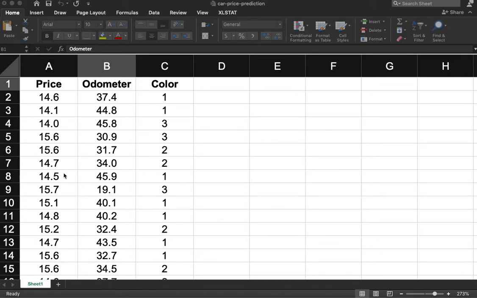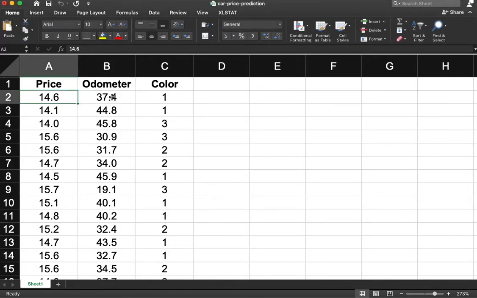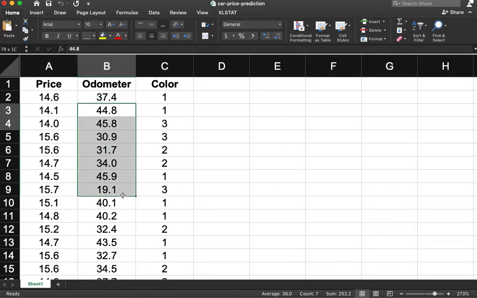What we have here is a data set of car prices in thousands of dollars. So this is $14,600 and the odometer reading in thousands of miles. So that's 37,000 miles. We want to find a relationship between price and the odometer reading. It makes sense to say that the number of miles a car has is going to influence the price.